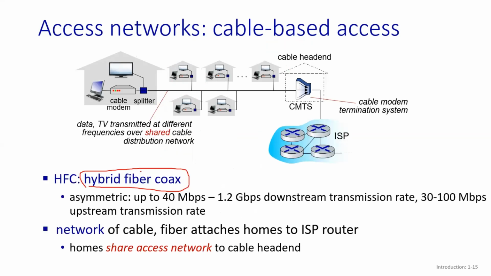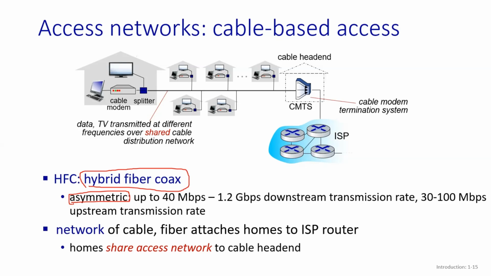Okay, so I've already told you what a hybrid fiber coax is. This cable-based access network, or this hybrid fiber coax, is asymmetric. What do we mean by asymmetric? Asymmetric means there's a slight difference between the upstream and downstream.